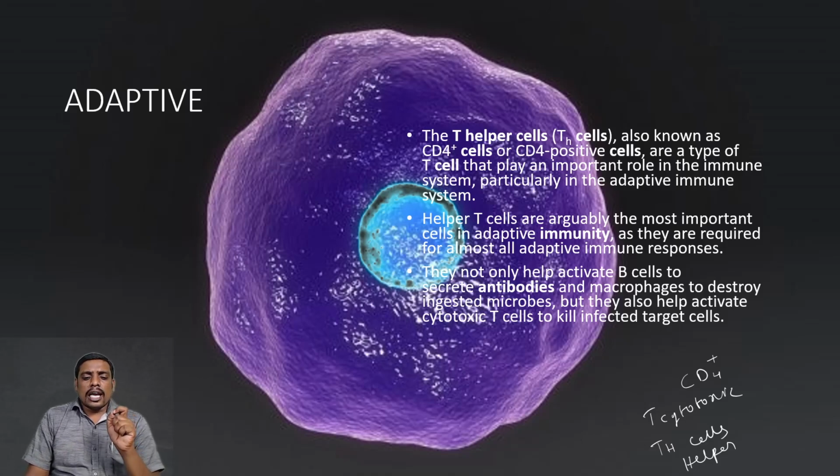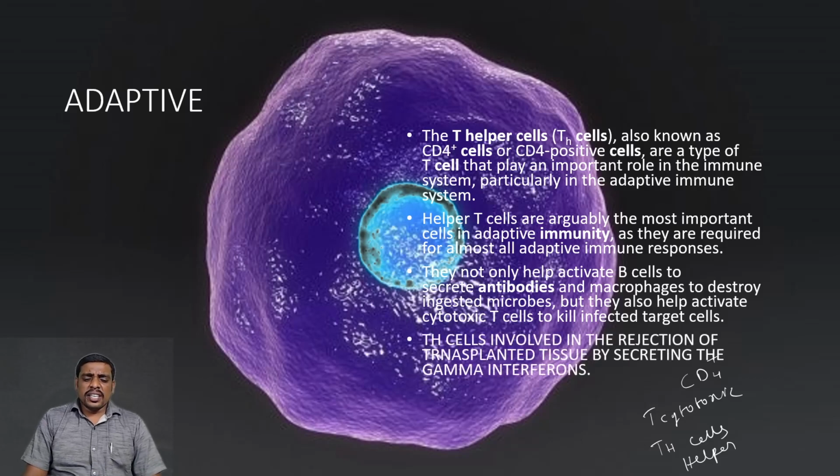They not only help but activate B lymphocytes. Do you know? The T helper cells activate B lymphocytes in certain cases to secrete antibodies. By activating B cells, they secrete the antibodies, and macrophages destroy ingested microbes.